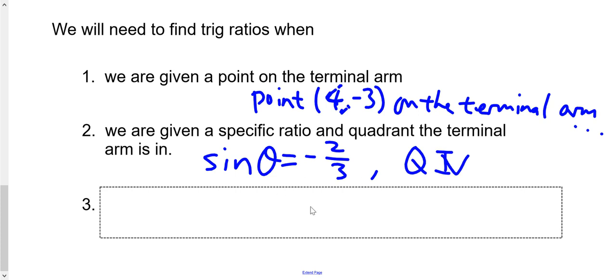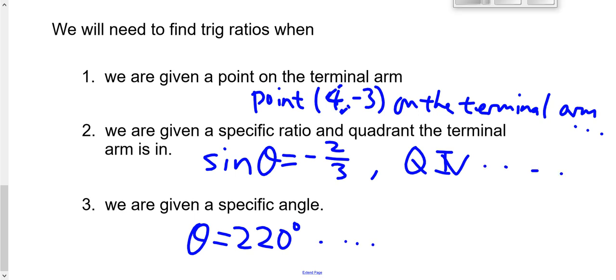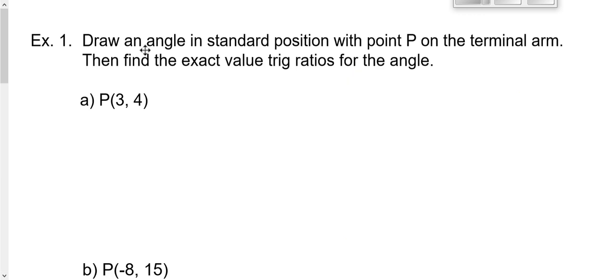Okay, then that's the time you should be using the SOHCAHTOA stuff, the trig ratios. Last scenario, when you are given a specific angle. So if you're given something like, oh, angle theta is 220 degrees, blah blah blah, then you know that's the time you should be using a trig ratio as well. Alright, so let's apply the concept.